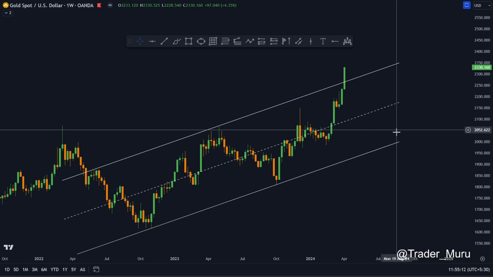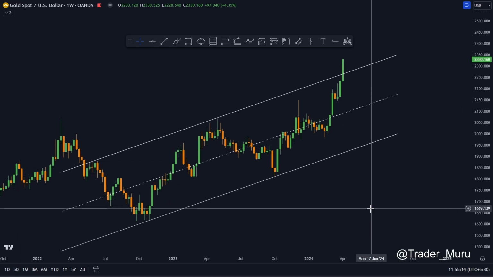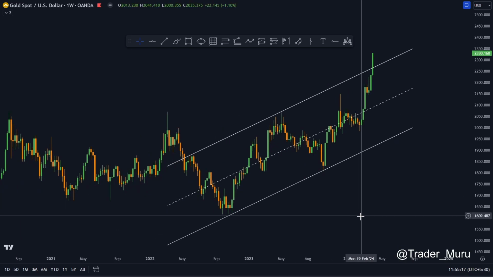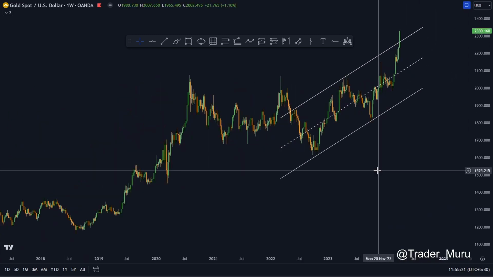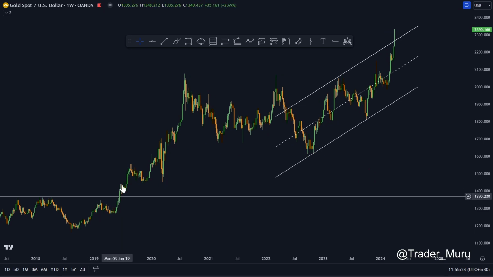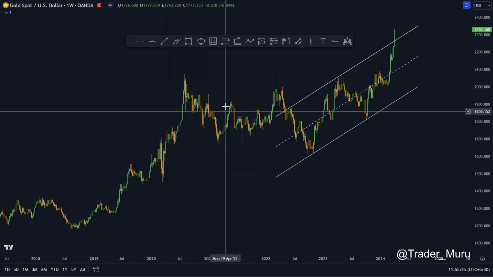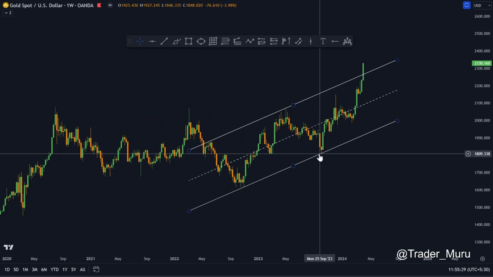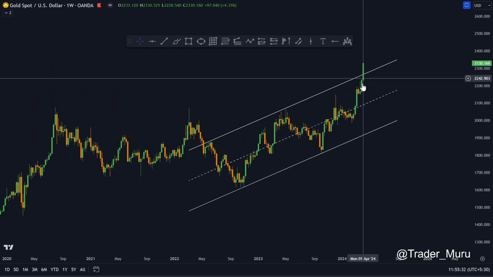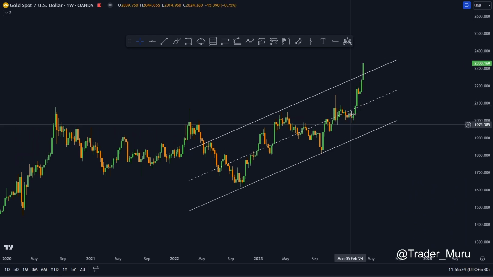We all know the market never goes in a straight line. It always goes in a zigzag pattern. But here we can see gold running straight upside.